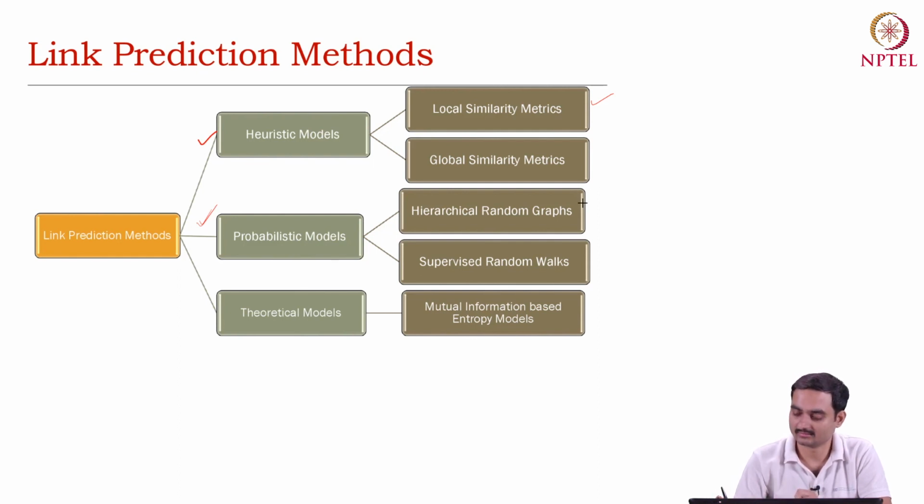For example, the hierarchical random graph model that we will discuss here is more of an unsupervised approach, whereas supervised random walk is a supervised link prediction approach that we will discuss. And we will skip this one. This is more of an information theoretic model, where we look at entropy based models and see whether mutual information based models can be useful for link prediction tasks.